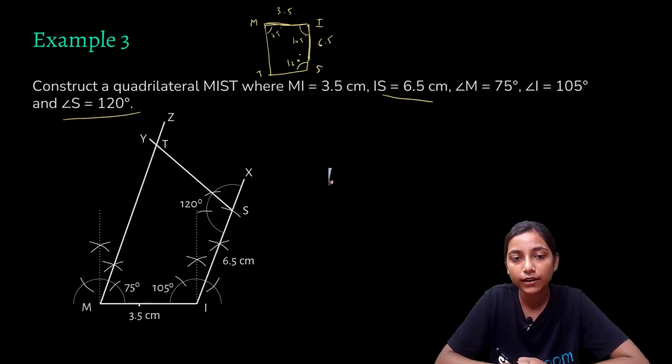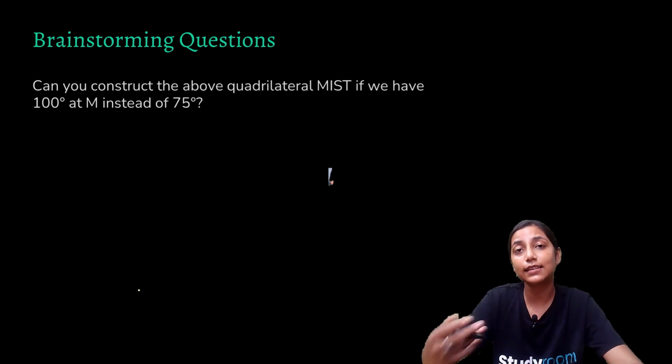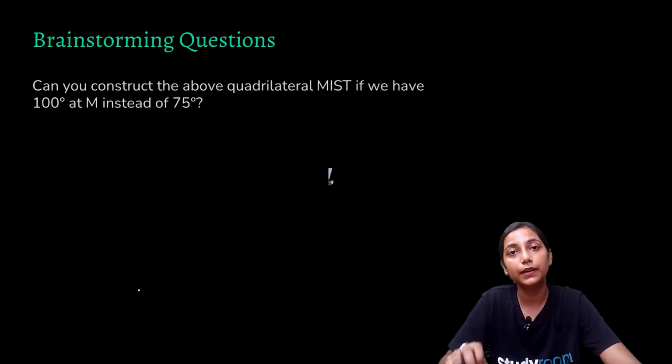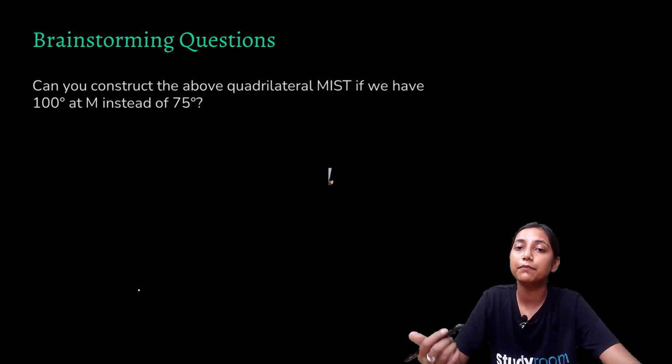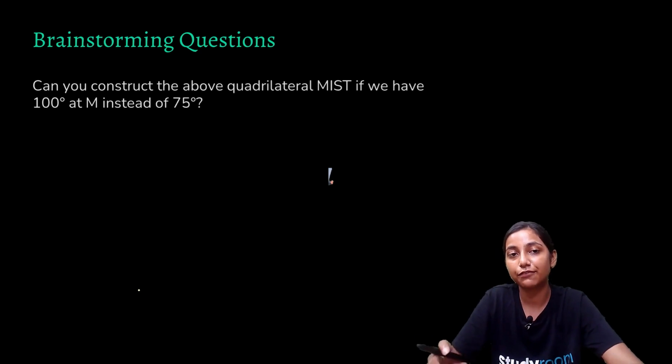Yes, this will be possible, because in that case the angle sum property of quadrilaterals, that is, the sum of all the interior angles of a quadrilateral should be 360 degrees, is still verified. Therefore, we can say that yes, this quadrilateral MIST can still be constructed if we had a 100 degree angle at M instead of 75 degrees.